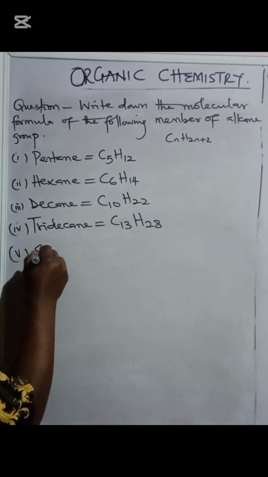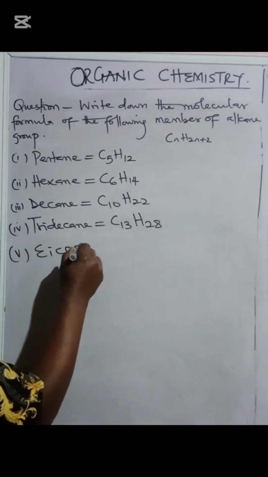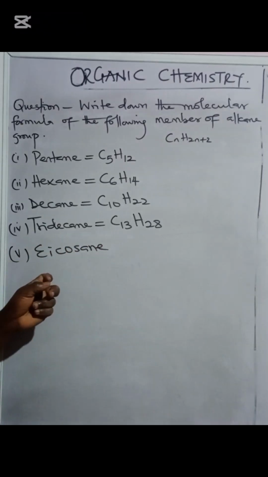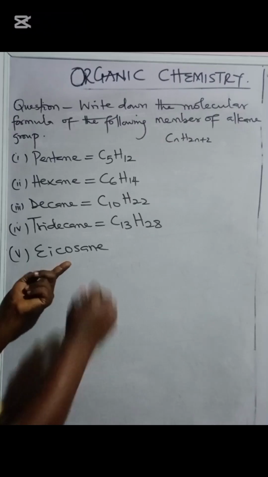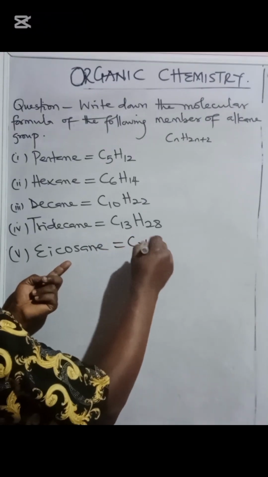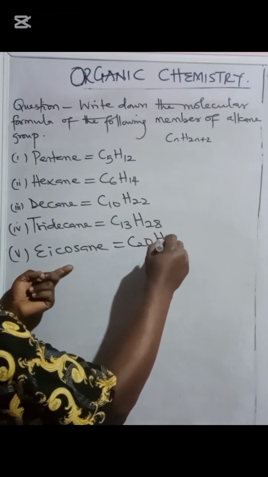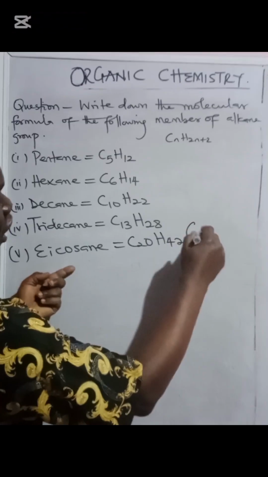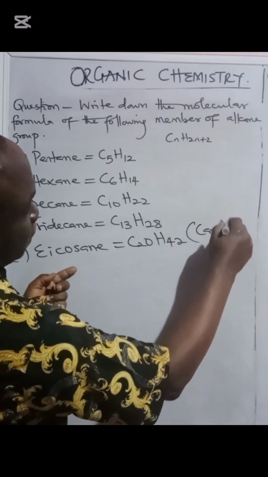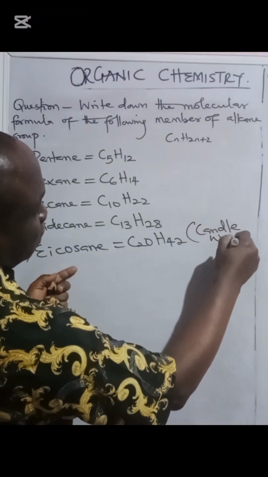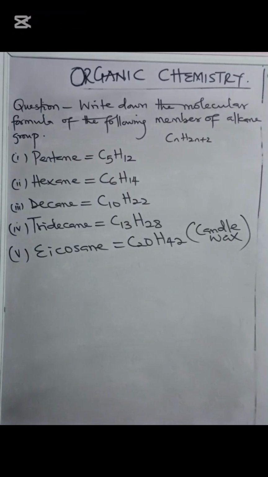And let's see icosane. Like I have said, icos is 20. So icosane will be C20H, 2 times 20 plus 2. That is 42. This is the chemical formula for candle wax. We call it icosane, and so on and so forth.